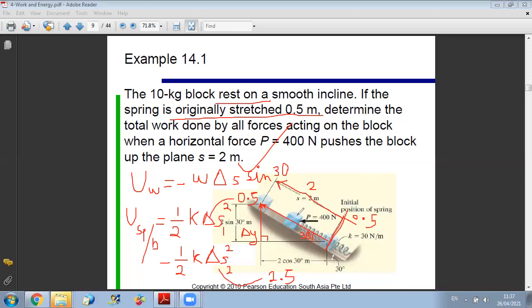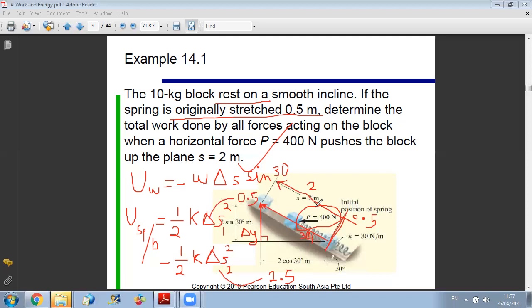Since the force P was able to move it, P is dominant over the weight action and the spring action. The positive work of P is higher than the summation of the absolute values of the work of the spring plus the work of the weight, because it was able to push the block upward.